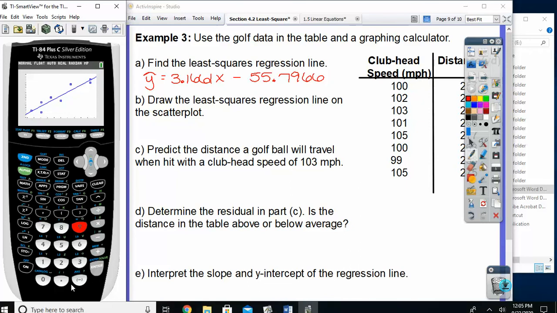C. Predict the distance the golf ball will travel when hit with a club speed of 103 miles per hour. So you're just going to plug in a 103 for your x in your equation.